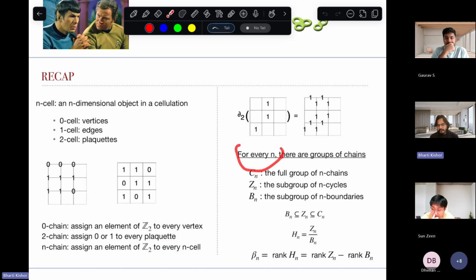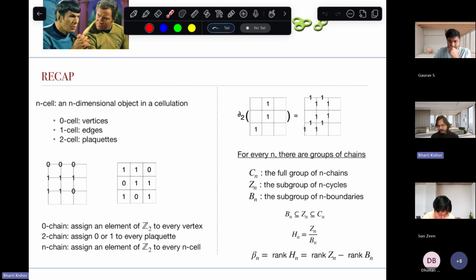And then for every n, there are three groups that we considered. One was Cn, which was the domain, Zn, which was the kernel, and Bn, which is actually the image of delta n plus 1, the subgroup of n-boundaries.